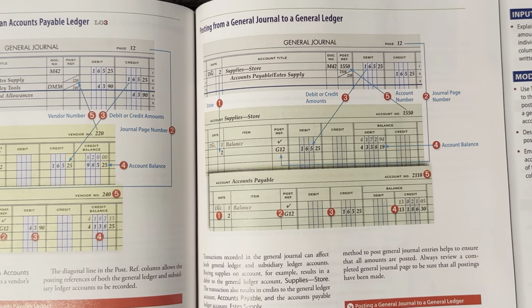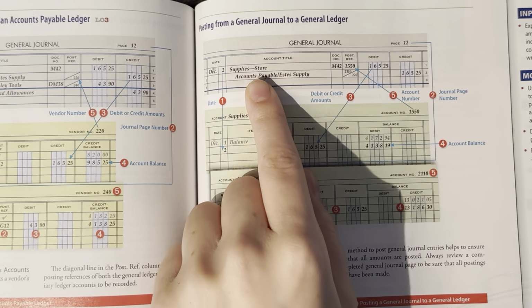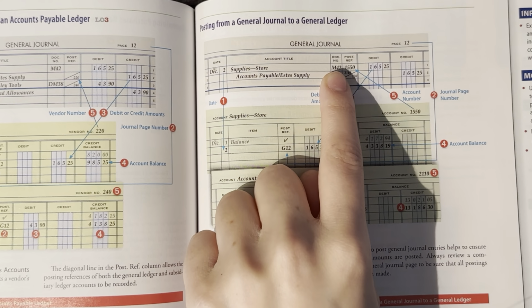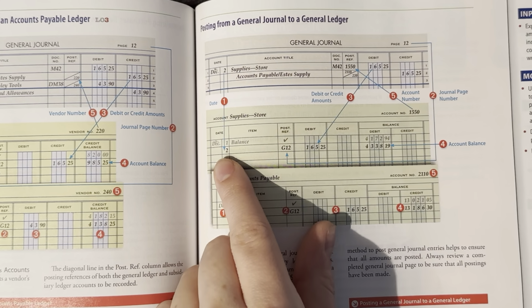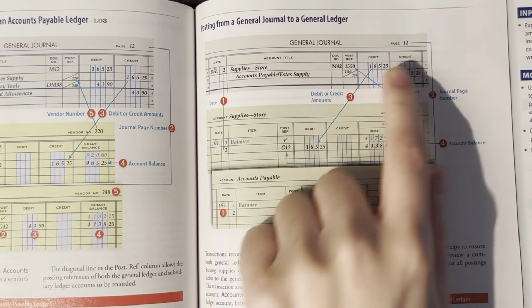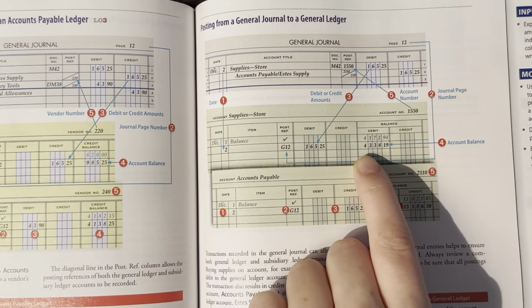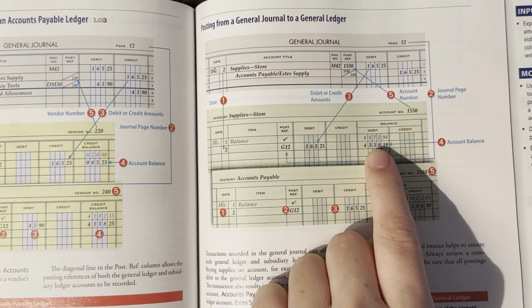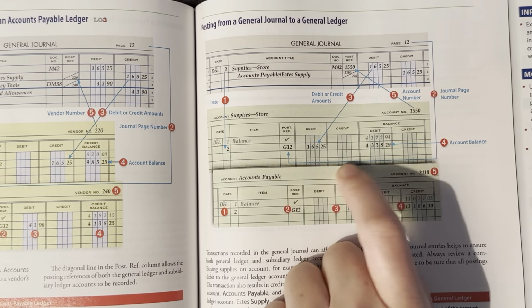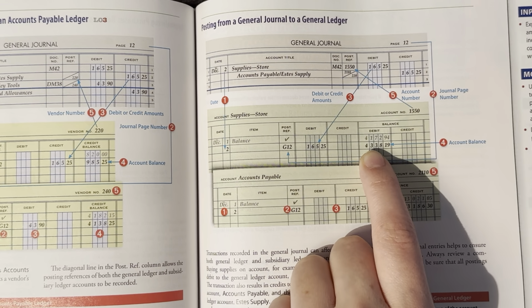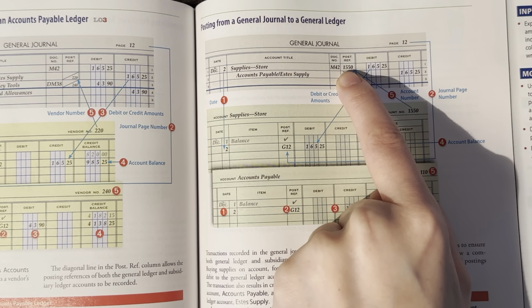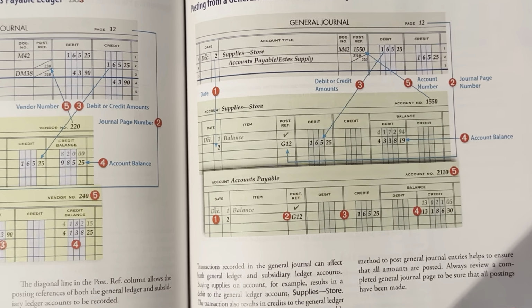So here they just have the first transaction. They show a posting to the supplies. We have the date, the post reference, the amount. A debit plus a debit is a debit entry plus a debit balance is what you do. Then you post 1550 up in the post reference.